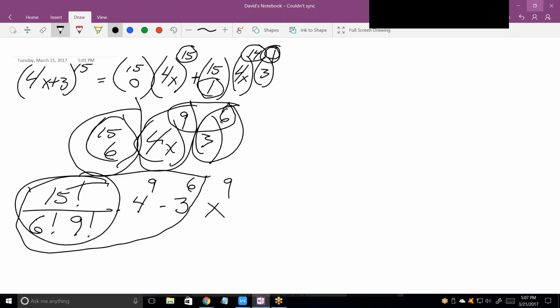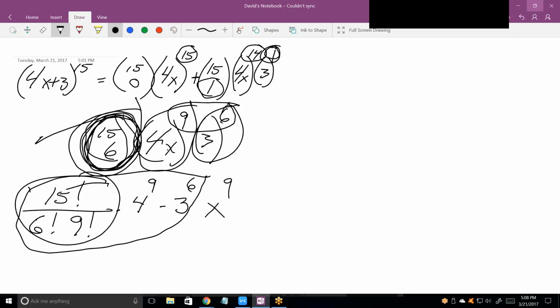And it's got to be 15 choose 6, not 15 choose 7. In other words, this is the 7th term of our sequence, but it still is x to the 9th power. So this is 15 choose 6 if it's the 7th term in our sequence.